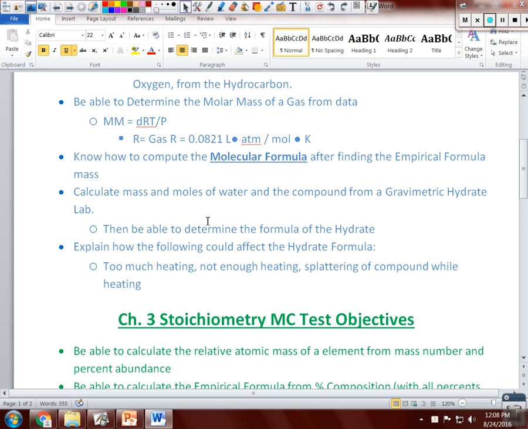All right. So I want you to write this beside this. Dirt over P. Molar mass.